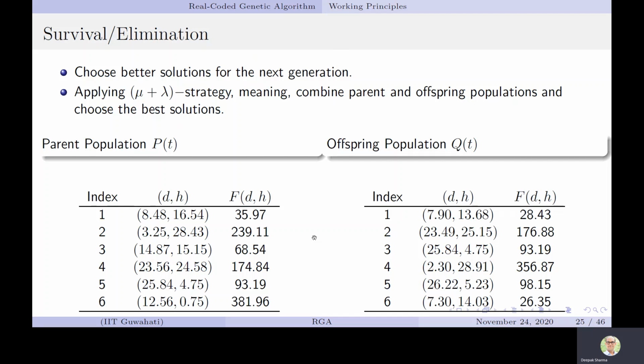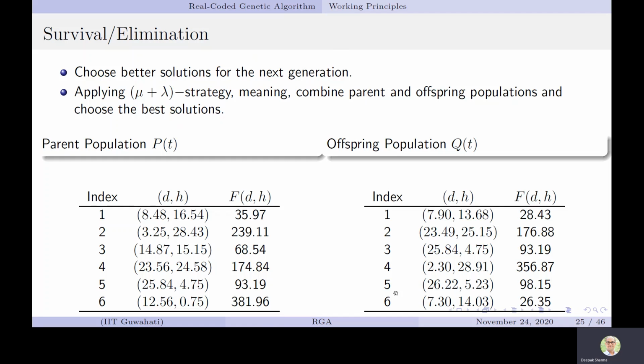Now you remember that we discussed that other than the crossover and mutation, we don't have to change anything. Here also we don't have to change. Why? Because our survival depends on the fitness value. Fitness value we have to calculate and then we can do it. So how we can do it? I will be combining, so 6 plus 6, 12 solutions.